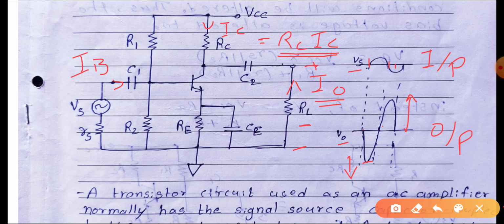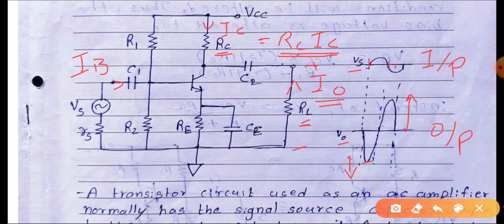When you measure the output voltage at this RC resistor, you will get the output voltage in the same phase as input. At RC there will be same phase, but at the output voltage across RL, load resistance, you will get reversed phase. So this is the main reason, and this is very important, because in any common emitter application you will get 180-degree phase shift or phase reversal in your output.